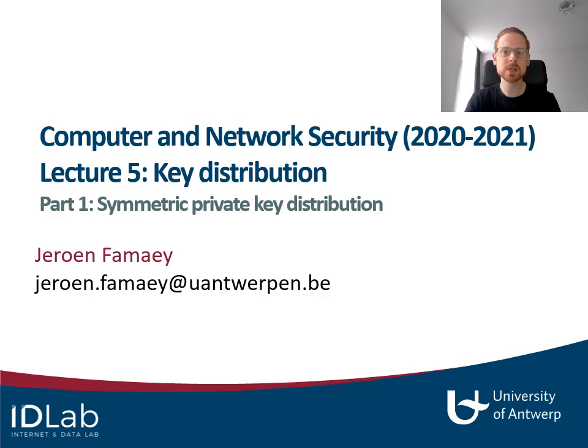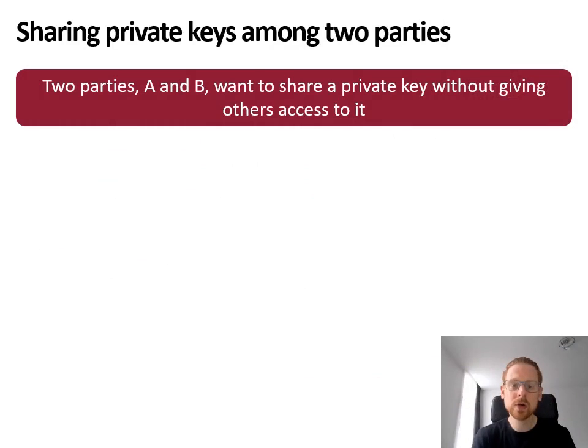In this video series, I will talk about key distribution, or how to securely distribute encryption keys among communicating parties. In this first video, I will talk about distributing private keys using symmetric encryption methods. Recall that in symmetric encryption, the two communicating parties need to share a private key that no one else should have access to.